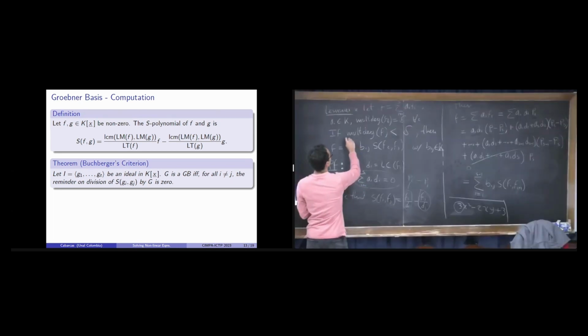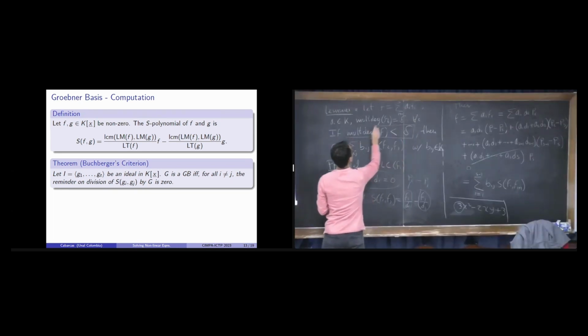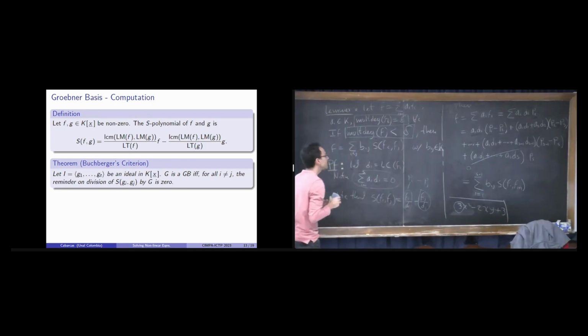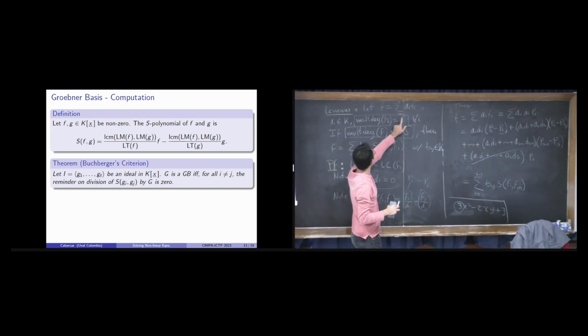So this condition here, together with this condition here, what it's telling us is that all the f sub i's have the same leading monomial, but they may have different leading coefficients.